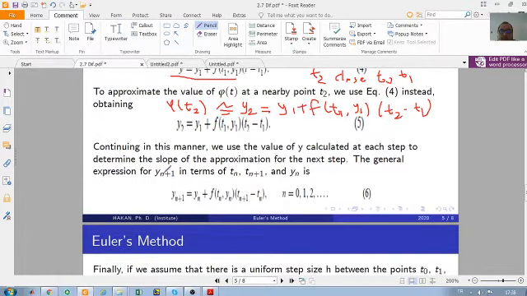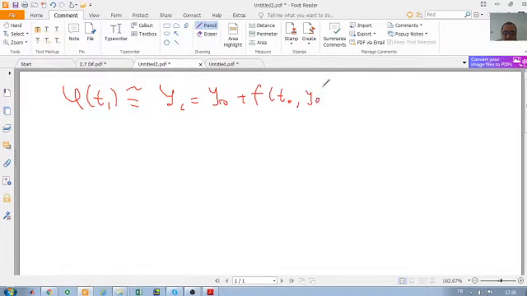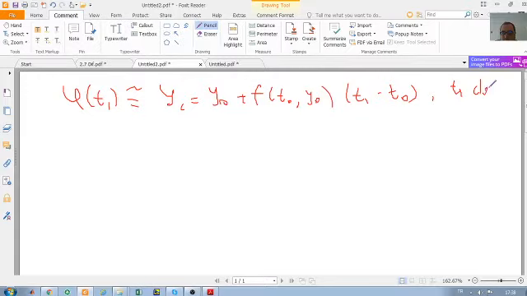So the general expression for y n plus 1: first we want to find the value of the solution at the point t1, and we know the initial value, and t1 is close to the initial value, so it is approximately equal to y1, which is equal to y0 plus f of t0, y0 times t1 minus t0, where t1 is close to the value t0, which is the initial value.